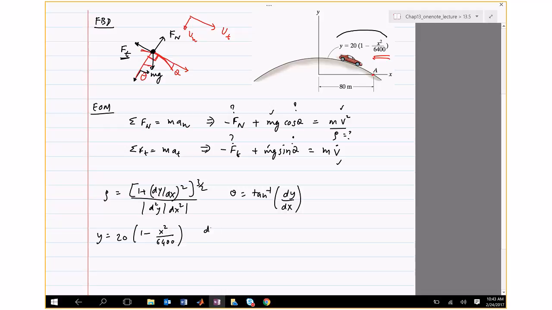So dy/dx is 20 times the derivative of 1, which is 0, minus the derivative of x squared, which is 2x, divided by 6,400.